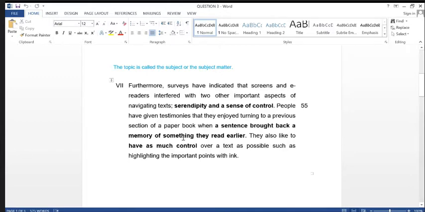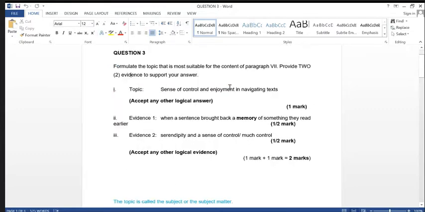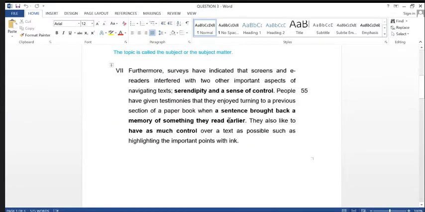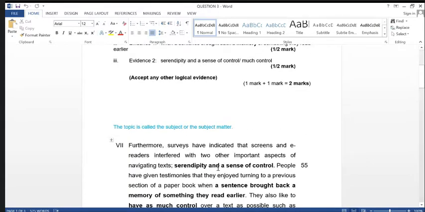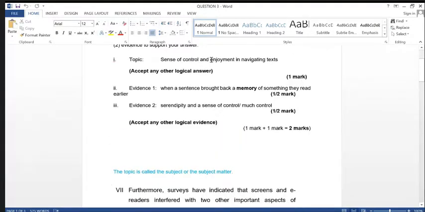Actually, what is the topic here? It's about what reading on screen will not have. Okay, so how I have written the topic here is about the serendipity and the sense of control actually. And if you check the meaning of the word serendipity, it's relating to the word enjoyment.